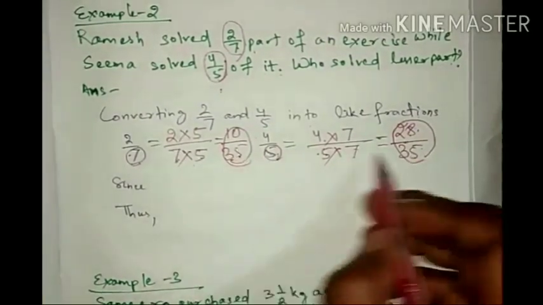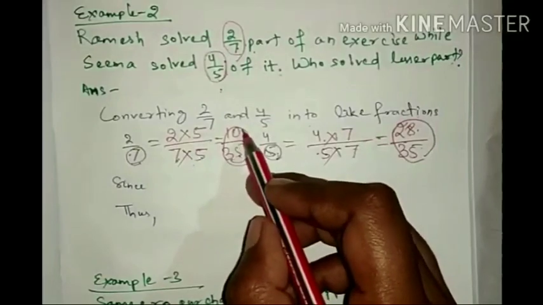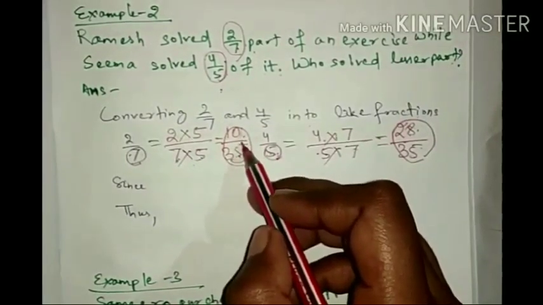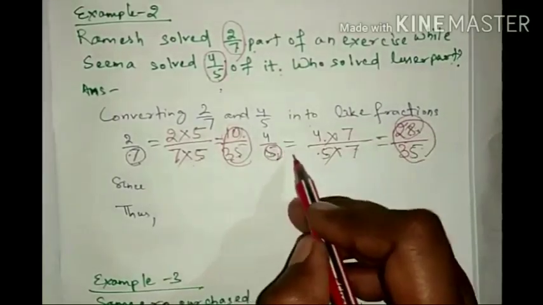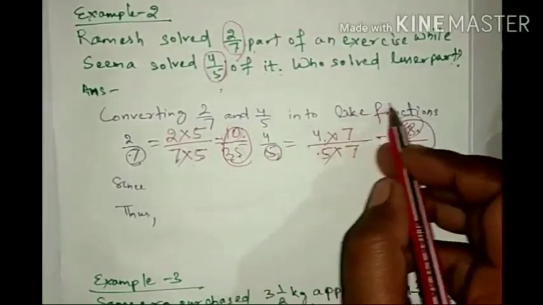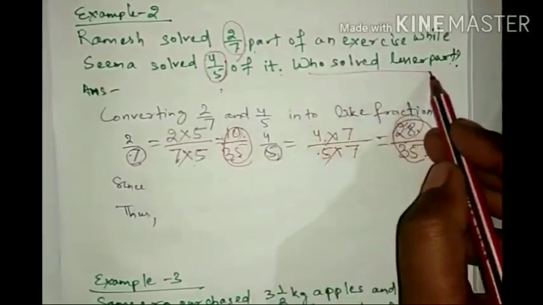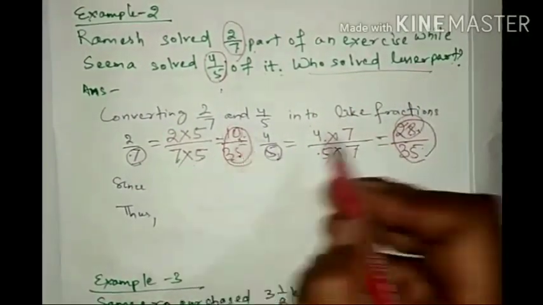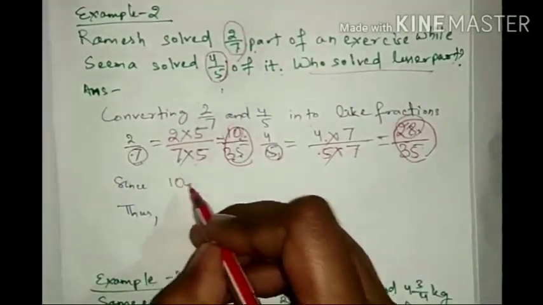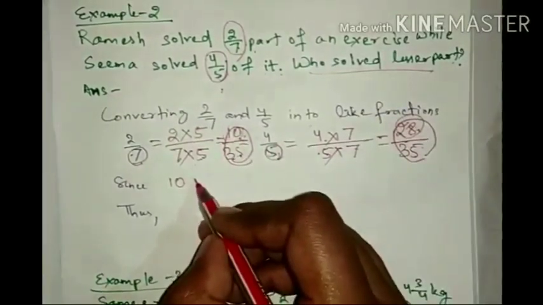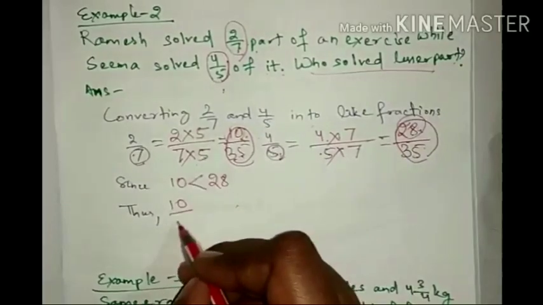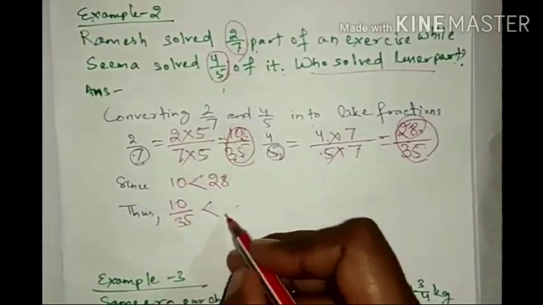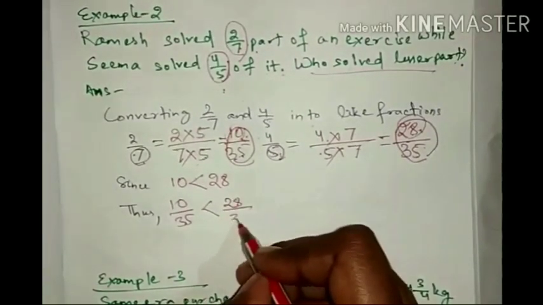If both are like fractions, we can see which numerator is bigger. Here we have to find who solved the lesser part. Which one is less? Since 10 is less than 28, 10 by 35 is less than 28 by 35.